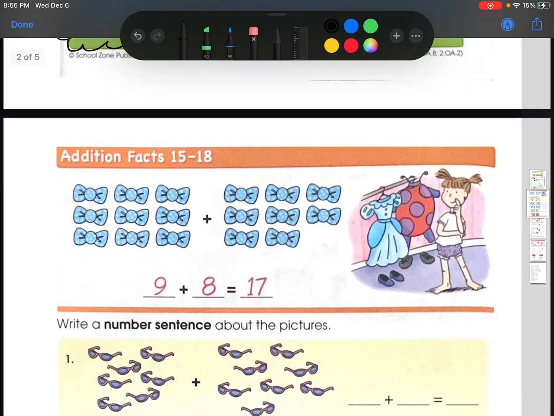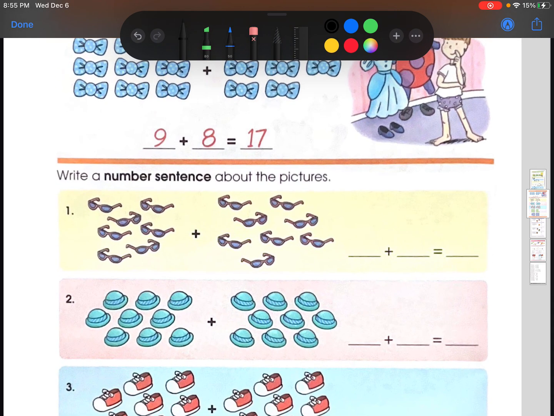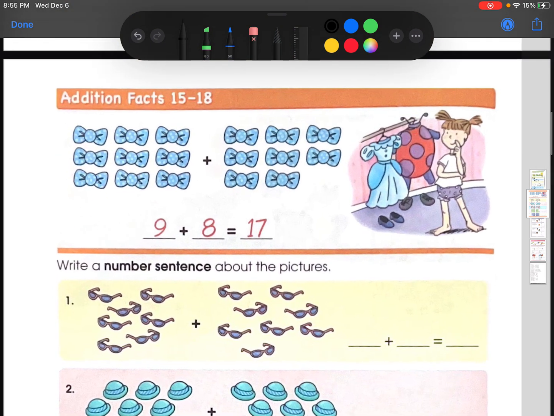Alright, moving on, we'll be doing addition facts 15 to 18. So we can write a number sentence about the pictures. So this is just like the example problem here. Basically, this first line is the same as this first section right here.